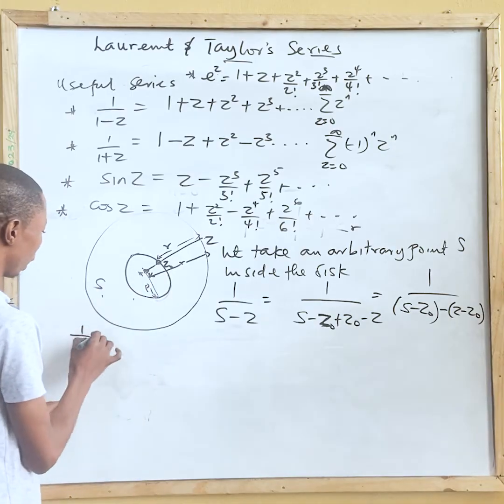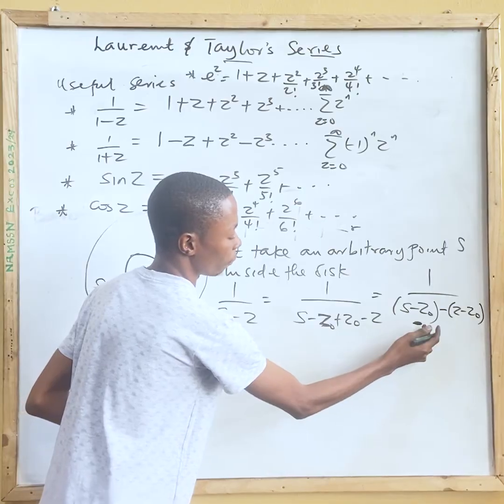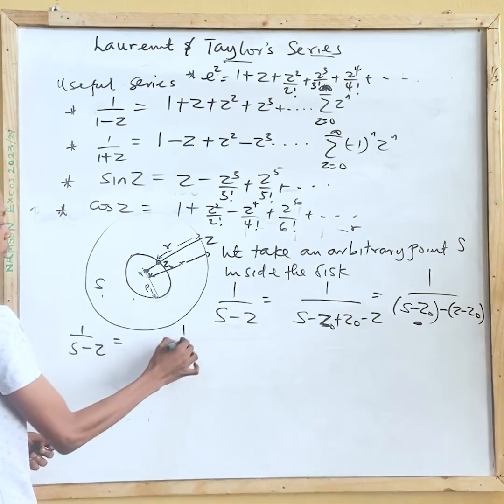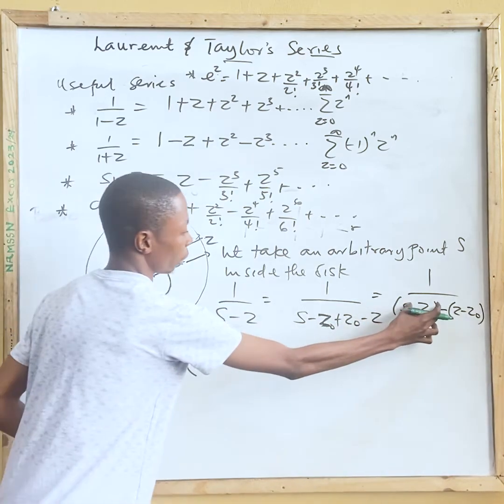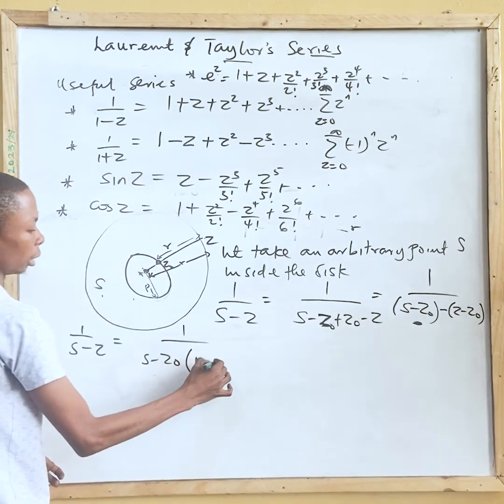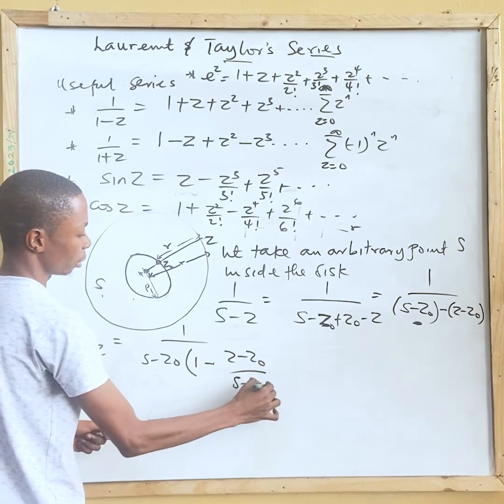So 1 over s minus z is equal to, if I factorize s minus z naught, 1 over s minus z naught into brackets. If I factorize this, I'm going to have 1 minus z minus z naught, and I have to divide by s minus z naught.